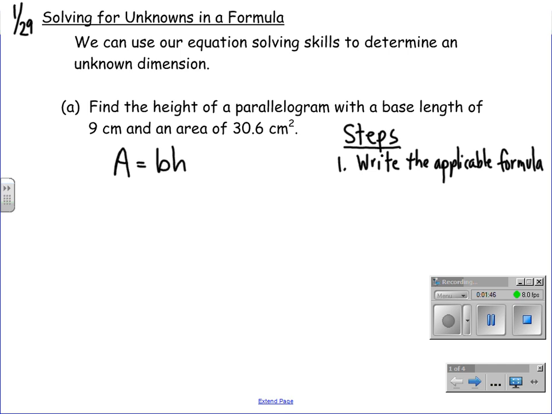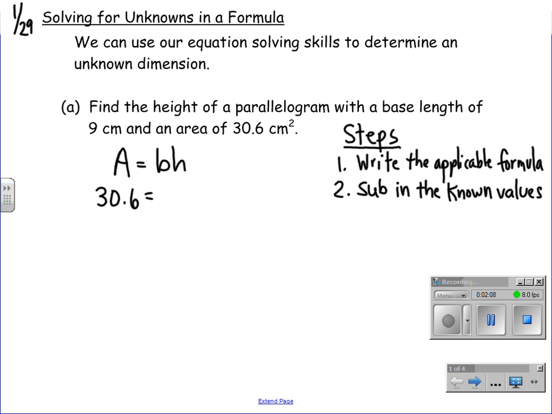The second thing you do after you write the formula is you substitute in the values you know. So in this particular problem, do we know the area? Kelly? 30.6. Good. So I substitute that in for the area.